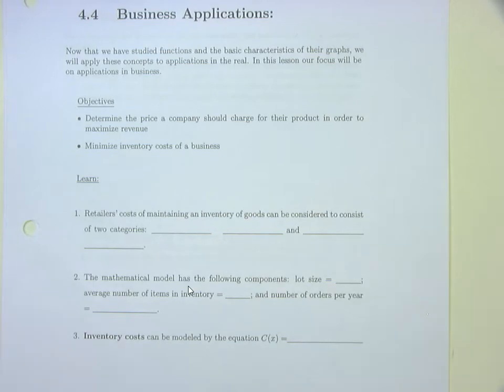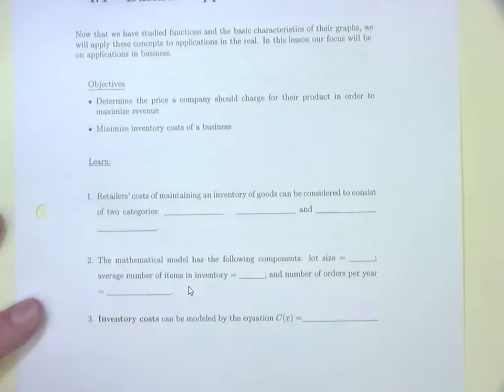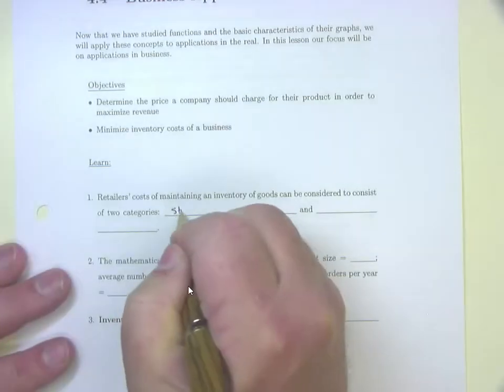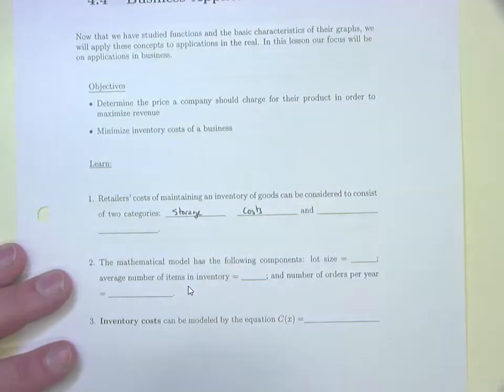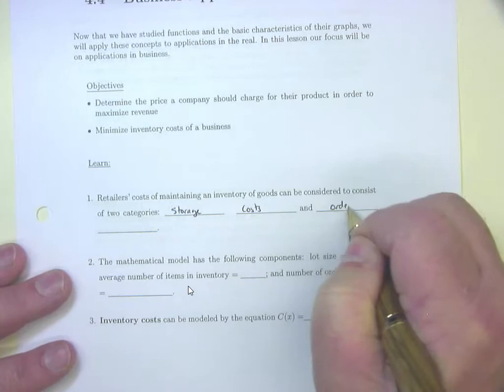All right, so, quote, retailers' cost in maintaining an inventory of goods can be considered to consist of two categories. And those two categories are storage cost and ordering cost.